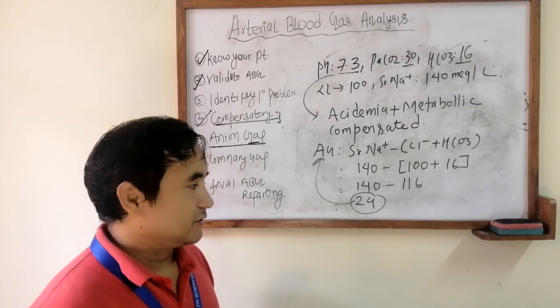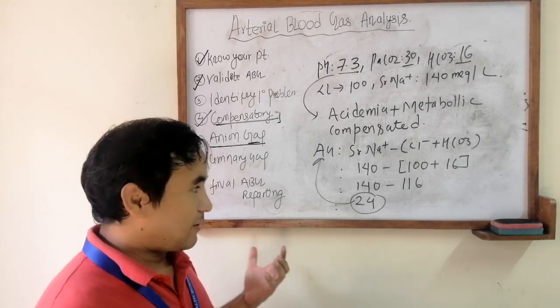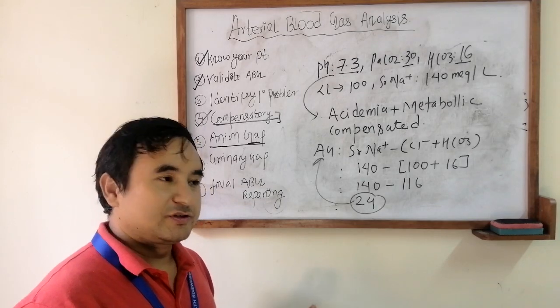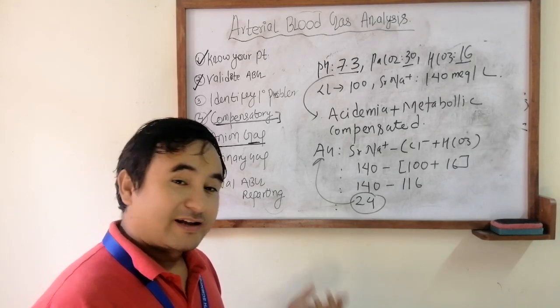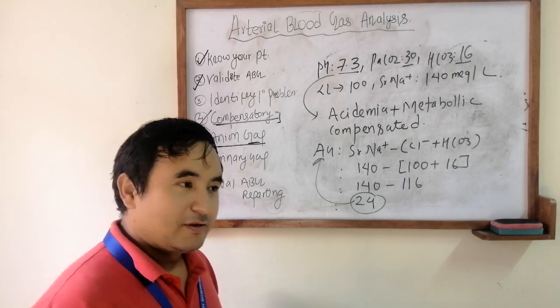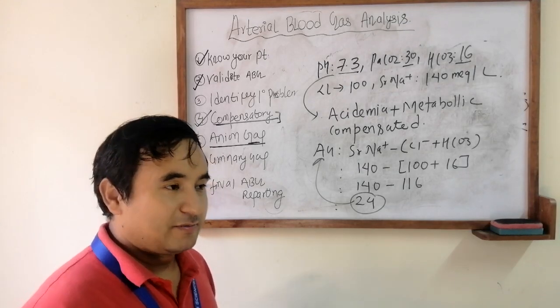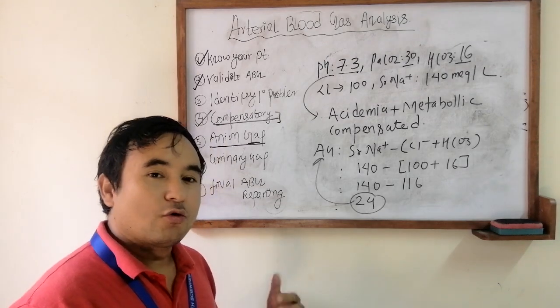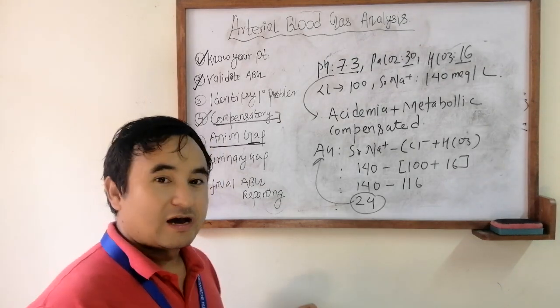There are some causes of high anion gap metabolic acidosis. In a patient with lactic acidosis, there can be a high anion gap. In case of chronic kidney disease, there can be a high anion gap. In case of different alcohol intoxications, there can be a high anion gap.